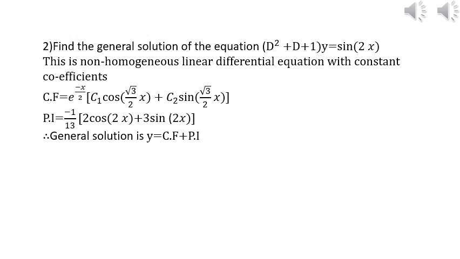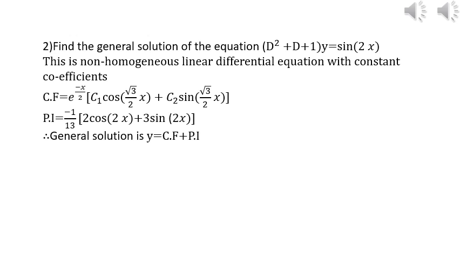Now put in the denominator D square is equal to minus 2 square, that is minus 4. So that denominator is not equal to 0. I am getting a number, minus 13. Numerator expand. So first term is D sin 2x.